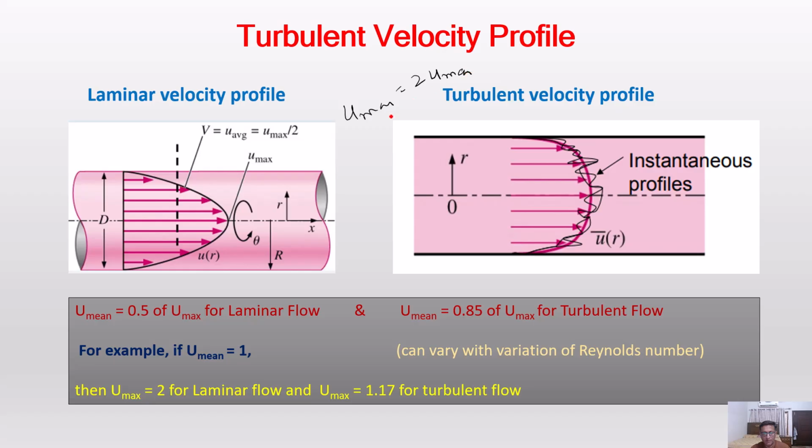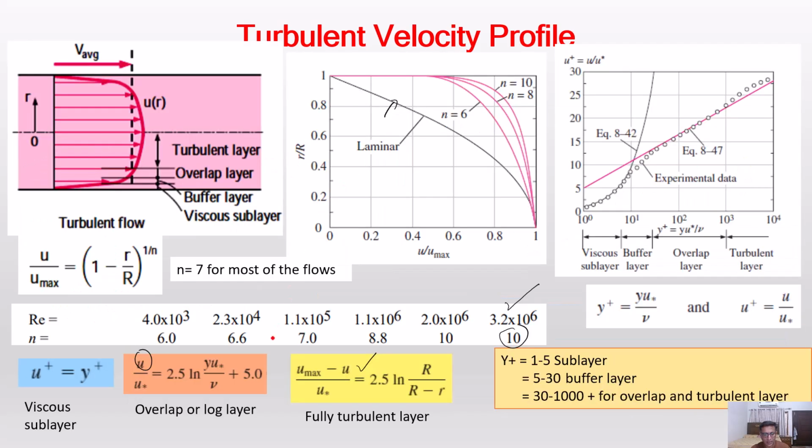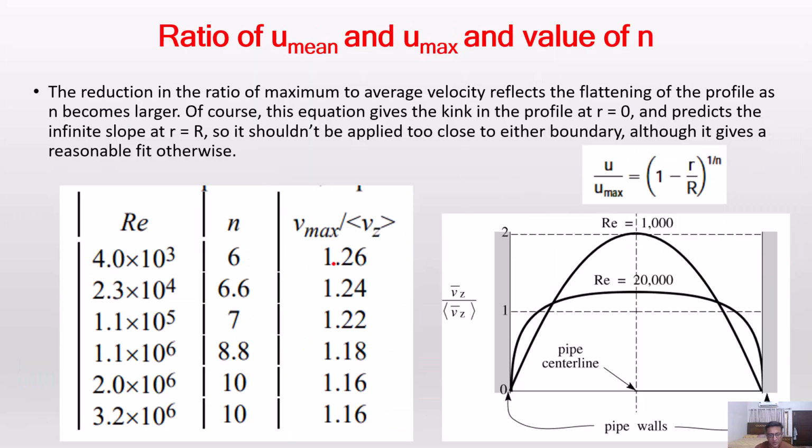Dividing 1 by 0.5 gives 2, but here the values vary. On the lower side it is 1.26, which is close to laminar flow, and the maximum Reynolds number we get here is 10 to the power 6, 3.2 million, with 1.16.